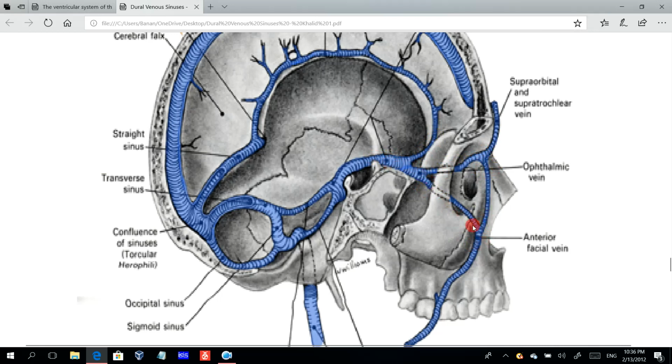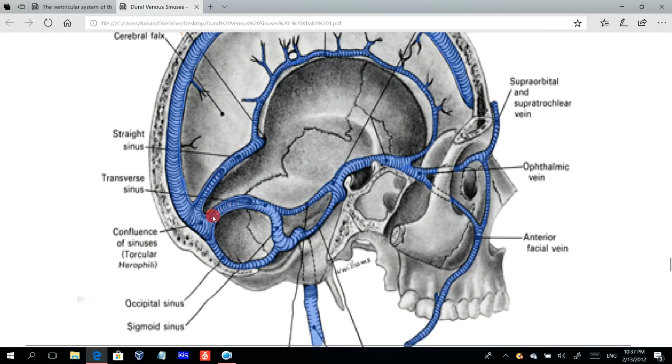So if there is any infection in this soft tissue or in the eye, the orbit, the infection may reach this cavernous sinus and may cause a condition known as cavernous sinus thrombosis. This is a very dangerous illness, and if not treated early, it may lead to many complications.